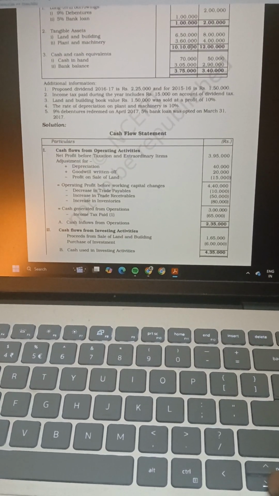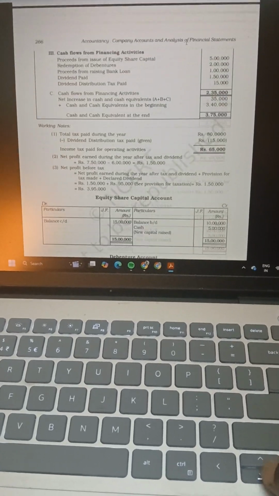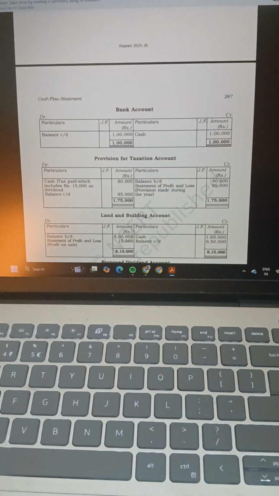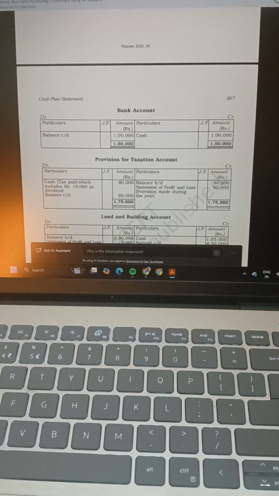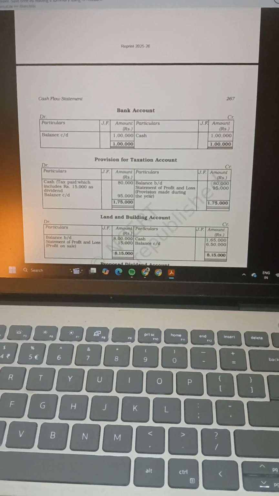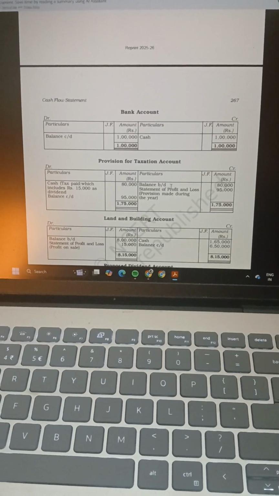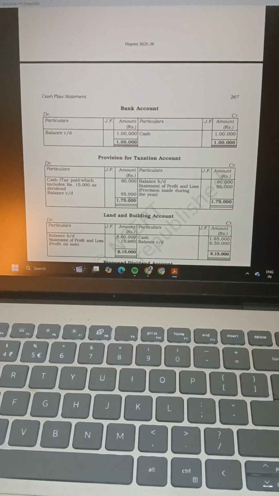That is income tax paid during the year, 15,000, on account of dividend tax in the additional information. So balance brought down 80,000, closing balance 95,000.